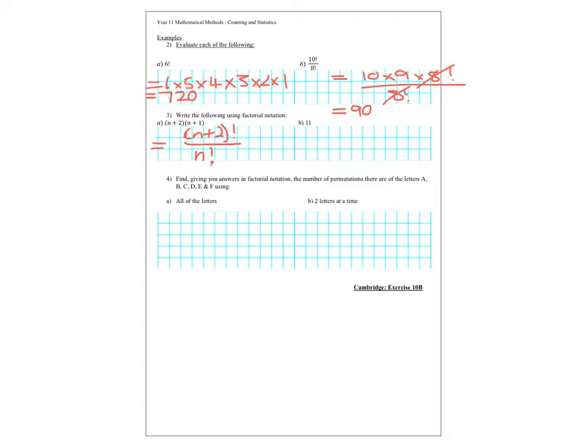Now if you want to assure yourself of that, just write out what n plus 2 primed is and then write out what n primed is, and you'll see that it is correct and I am not lying to you.